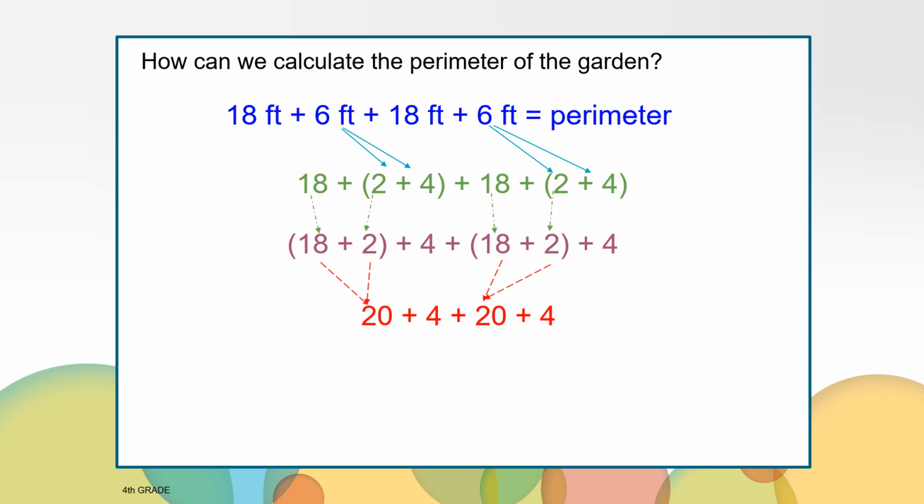The associative property states that numbers can be grouped together in any manner. As we continue calculating, we now have 20 plus 4 plus 20 plus 4. We can add the 20 plus 20 to get 40 and the 4 plus 4 to get 8. This tells us that the perimeter is 48 feet.